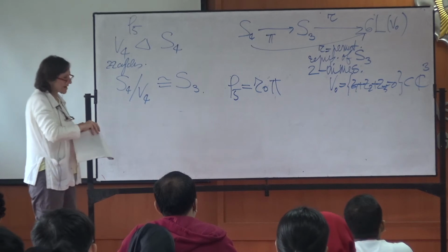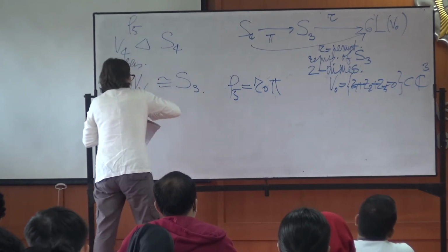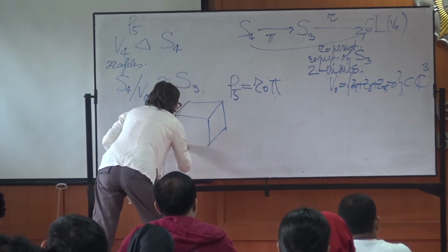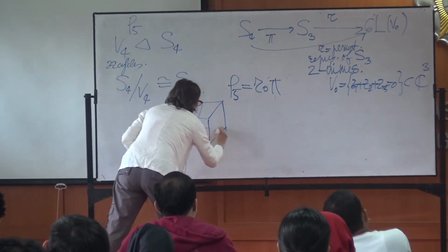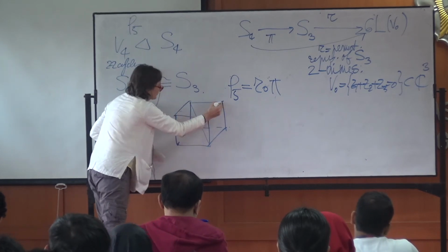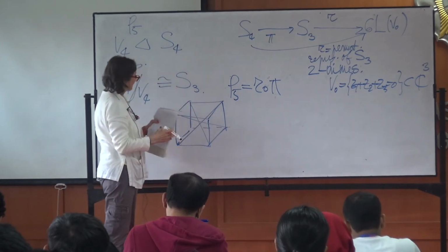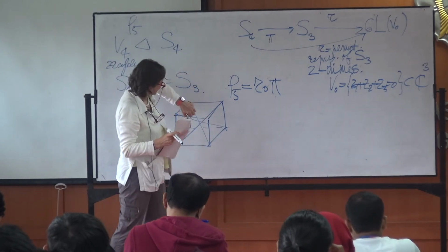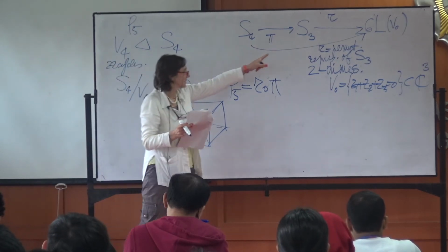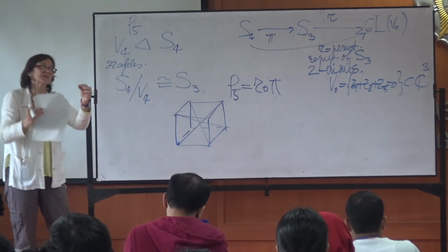S4 acts on the cube in R3, and it permutes the long diagonals, the diagonals between opposite vertices. There are 4 of them. So S4 acts by permuting these big diagonals, and at the same time it induces a permutation of pairs of opposite faces.